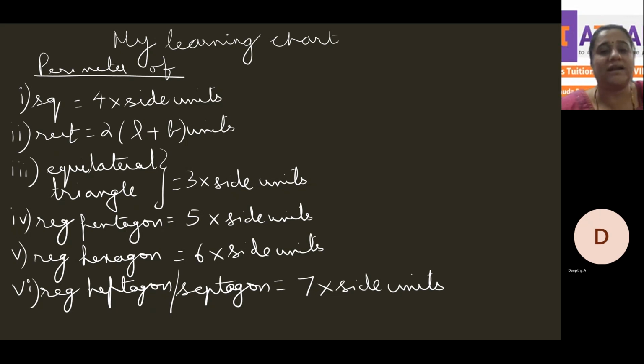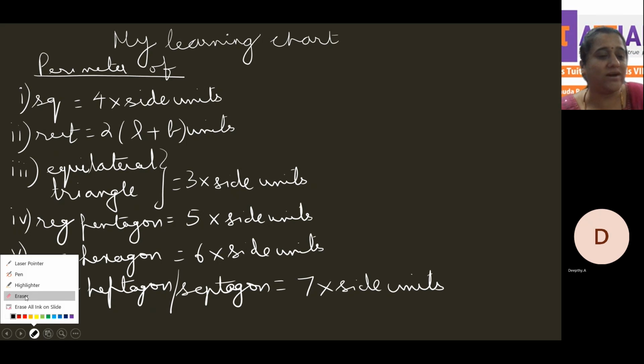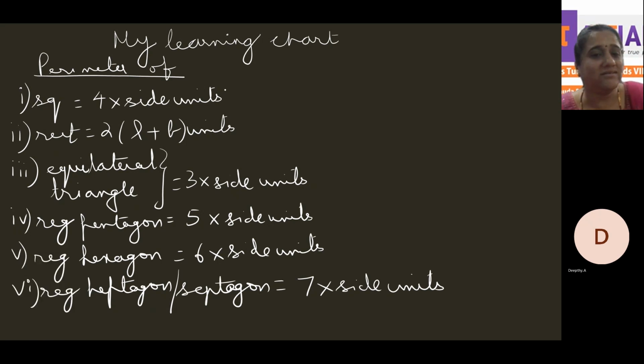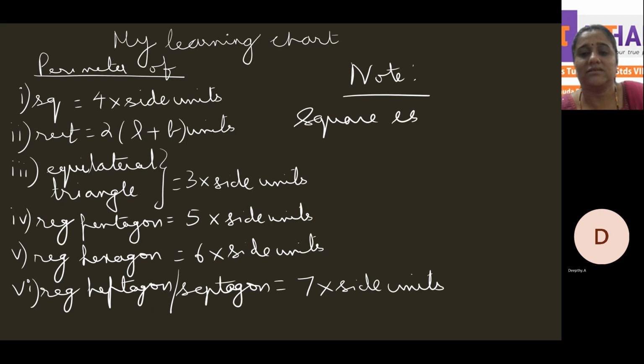Now, what will you call a regular quadrilateral, children? What is the other name for a regular quadrilateral? When all the 4 sides of a quadrilateral are equal, what do you call it? Square. That's why 4 into side.